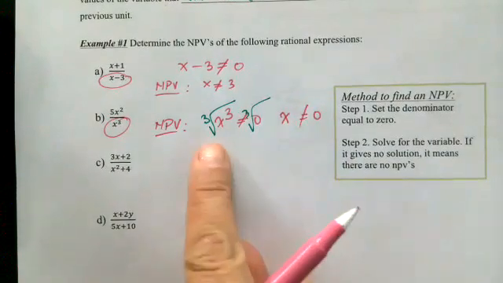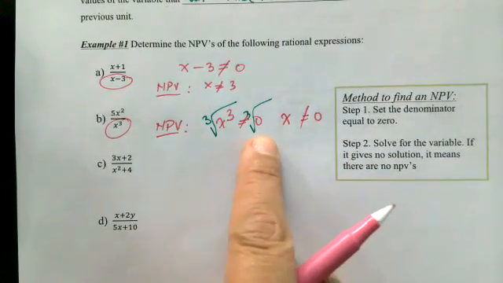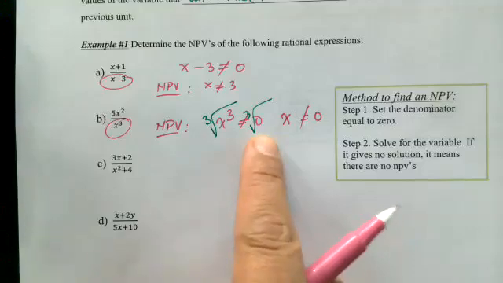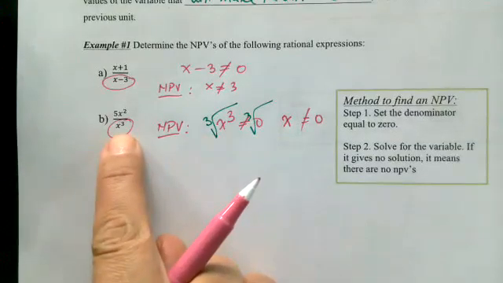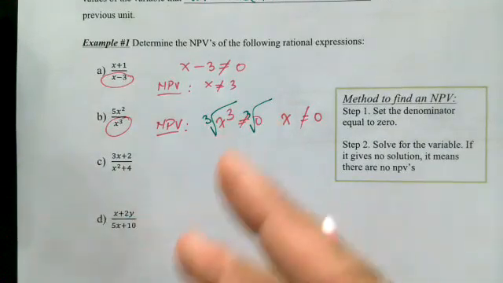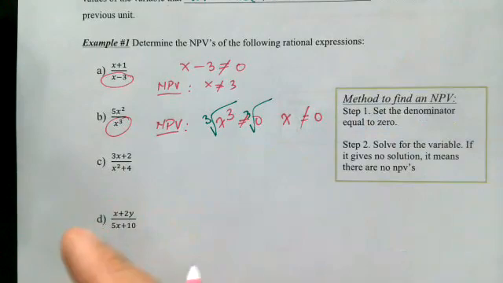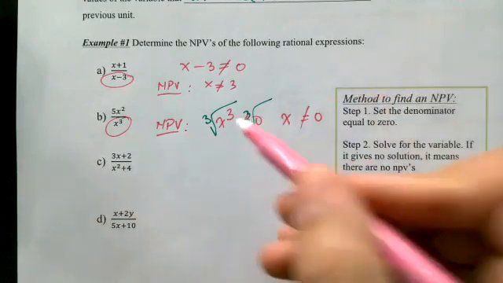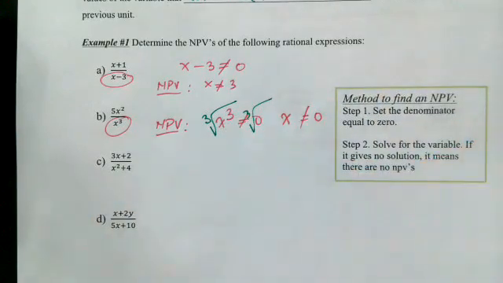You don't have to show all this work when you are finding your own NPVs for any expression of a similar form, like x cubed, x squared, x to the fourth. Obviously, it's going to be x cannot be 0. Okay, but that's how you would solve it, to show the opposite operation you would have to apply. So you cancel it to a simple x there.